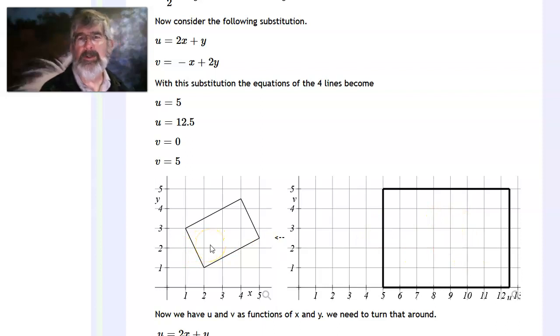In fact, we could figure out how small it is. Over here, it's easy to find the area of this rectangle. It's, what's that, 7.5 times 5? So 7.5 is 15 halves, so 15 halves times 5. But notice over here, this is 1, this is 2, so that's the square root of 5. And this is 1.5 times the square root of 5.